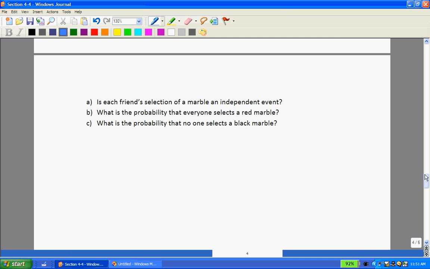So if the first person picks a red marble, the next person only has 4 red marbles to choose from, whereas before when they were putting the marbles back, each person had the exact same number of reds, blues, greens, and blacks to choose from. So this time, no, the selections are not independent.